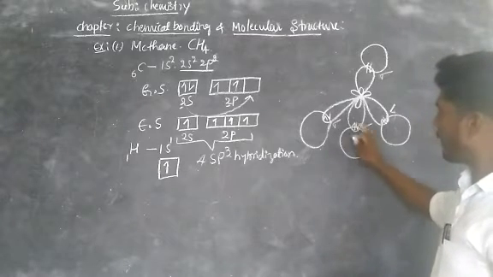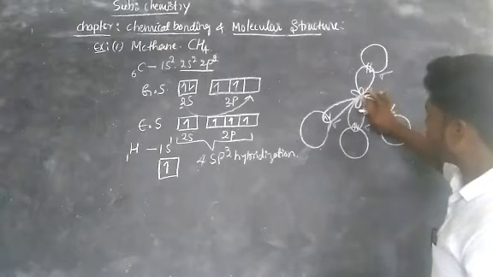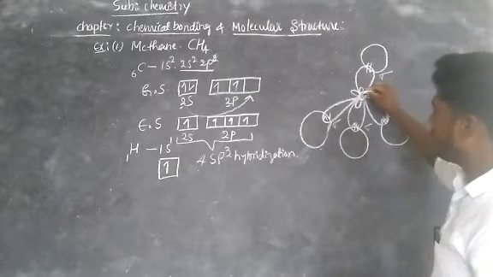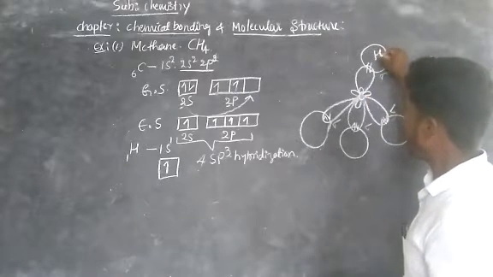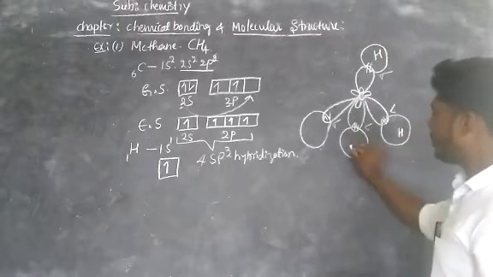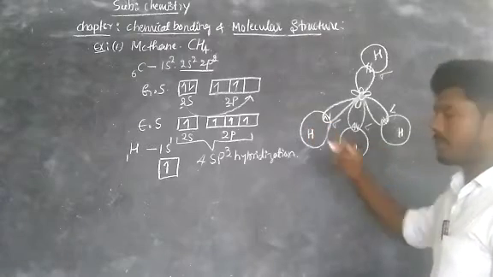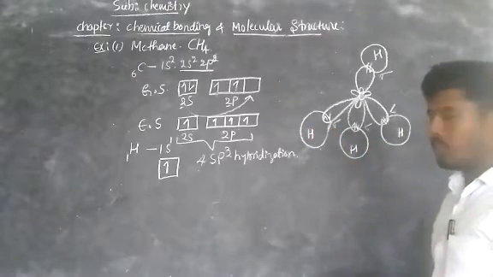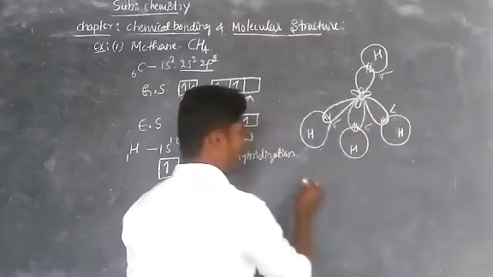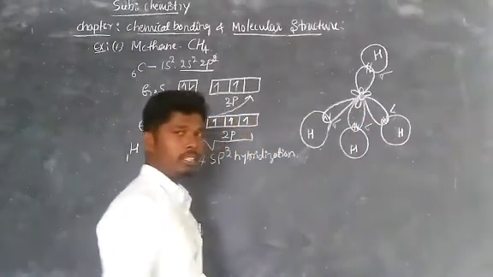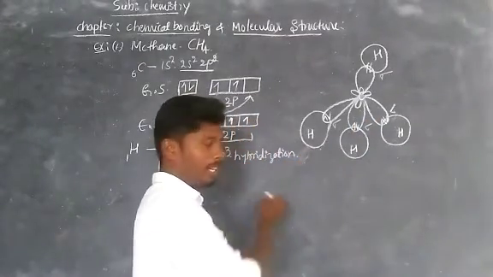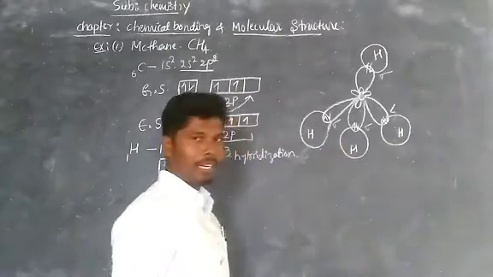You get sp3. Here carbon is the central atom, and this is hydrogen 1, second hydrogen, third and fourth hydrogens. Okay, so observe, this is called sp3 hybridization orbitals, and the structure of methane is written like this as a molecular orbital diagram.